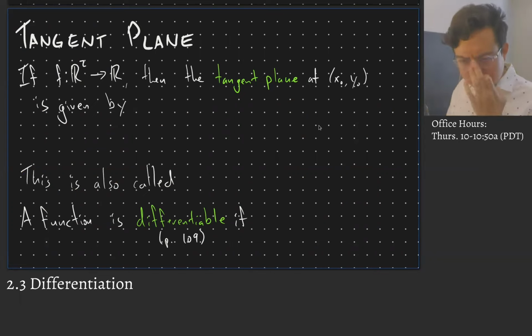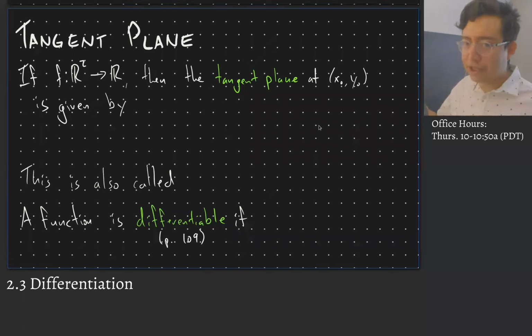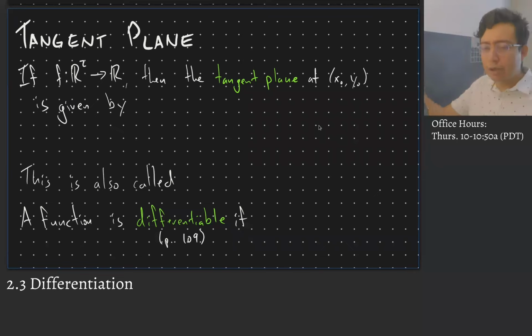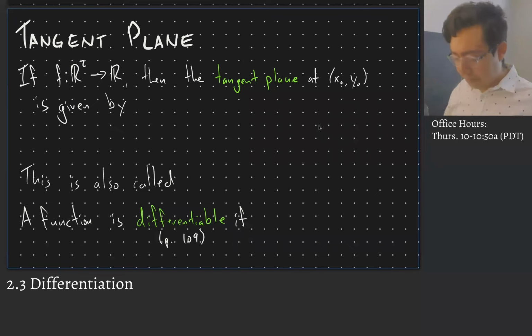If you remember in single variable calculus, I keep using single variable calculus as an analogy for the trajectory of this course. In single variable calculus, you learned about derivatives as the slope of the tangent line. The derivative is the slope of the tangent line, and that's a very important way to think about derivatives.